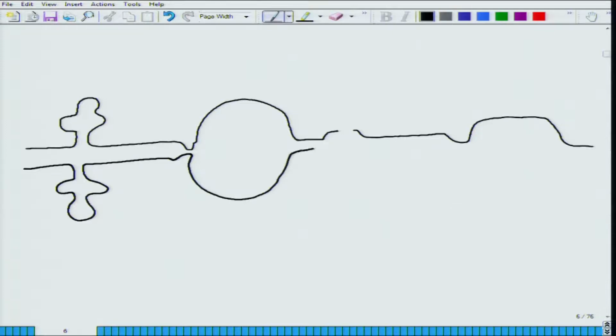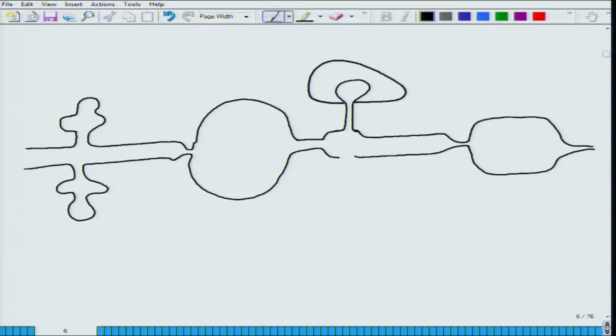From the stomach it moves through. Here you have the pancreatic and liver connection. And this is the large intestine, and here you have the anus, and here on this side you have the gallbladder, and here you have the liver, and on this side you have the pancreas.